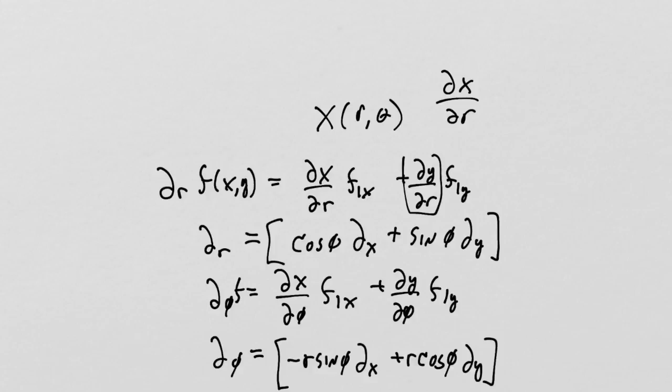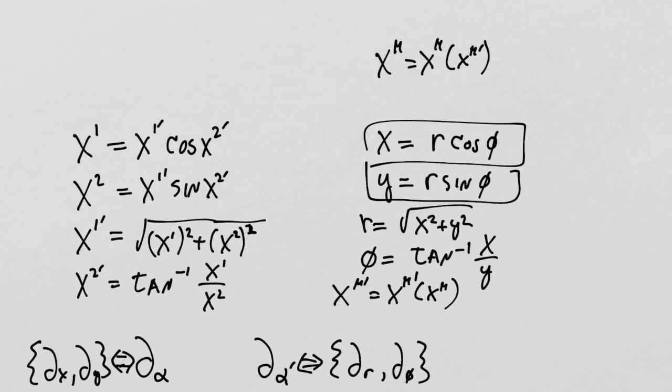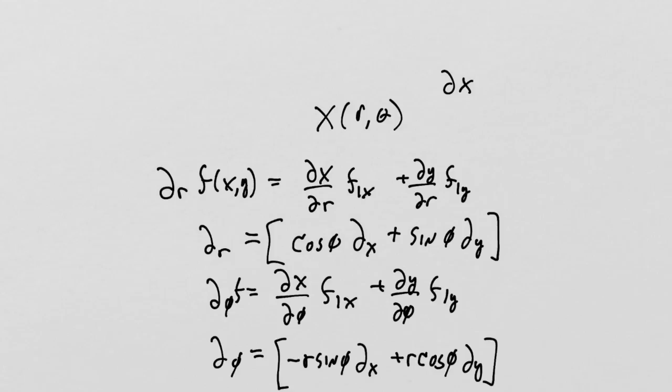Likewise for this as well. So we just go back to here and we look at these two expressions. The partial of x with respect to r is simply cosine theta. The partial of y with respect to r is simply sine theta. And kaboom, we have our expression.